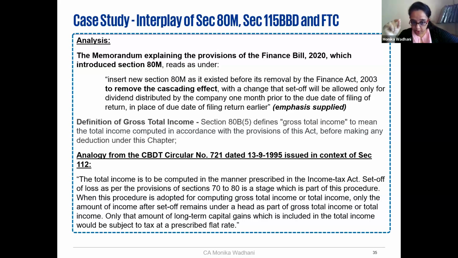When this procedure is adopted in computing gross total income or total income, only the amount of income after set off which remains under the head as part of the gross total income or total income, only that amount of long-term capital gains which is included in such total income would be subject to tax at a prescribed flat rate.